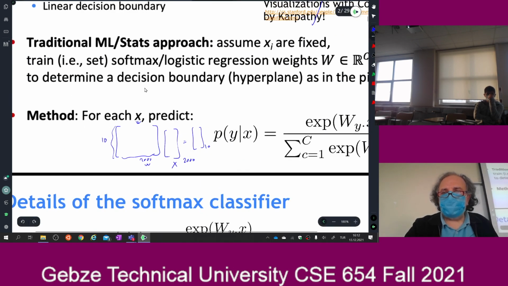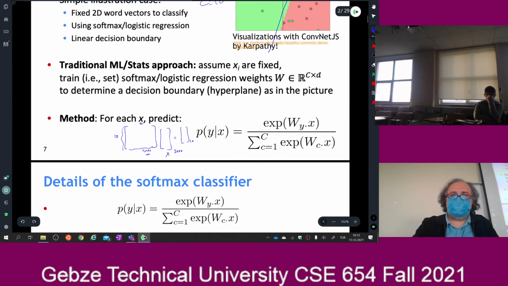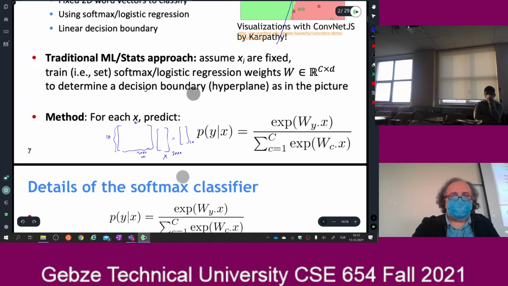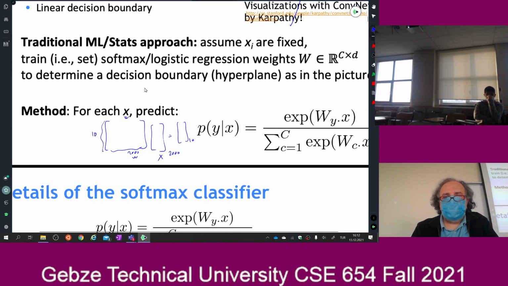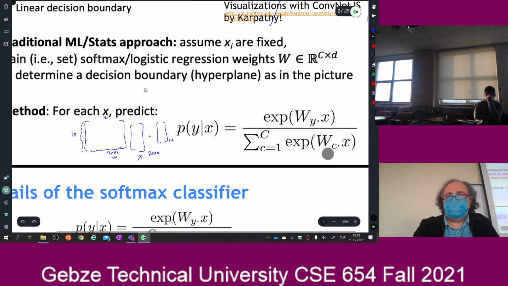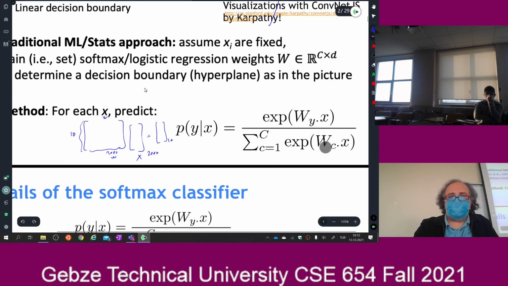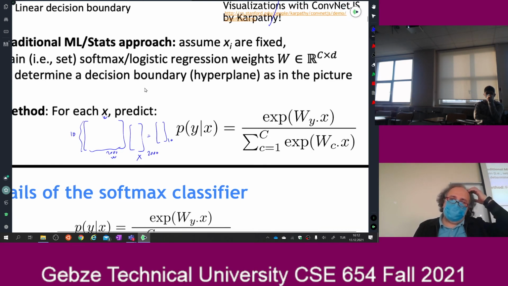That's what I am doing here. Multiply the row number y with this vector and get just one number, and do this one by one for the whole matrix.